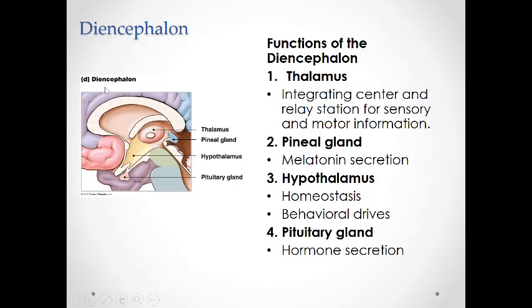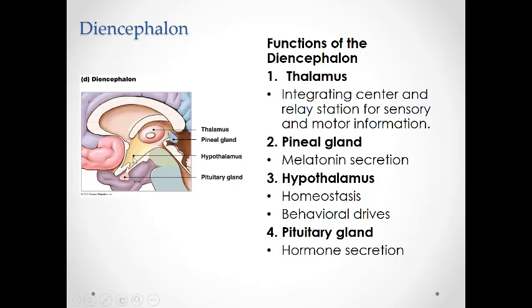If I take a look at the diencephalon, it consists of the thalamus, the pineal gland, the hypothalamus, and the pituitary gland. And we're just going to run through the functions of each of these. The thalamus is your integration center, and it relays the sensory and motor information back and forth to each other. Your pineal gland secretes melatonin that lets you sleep.